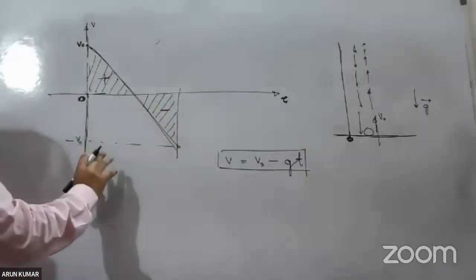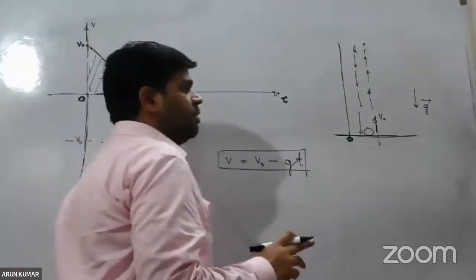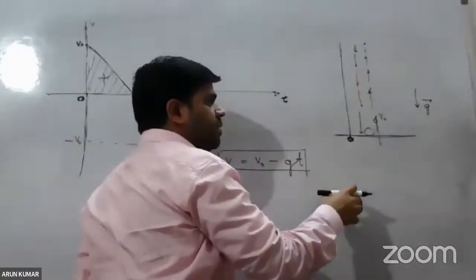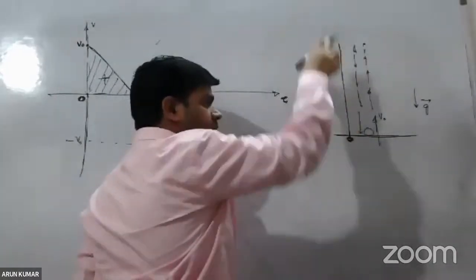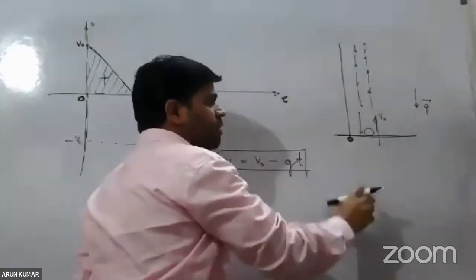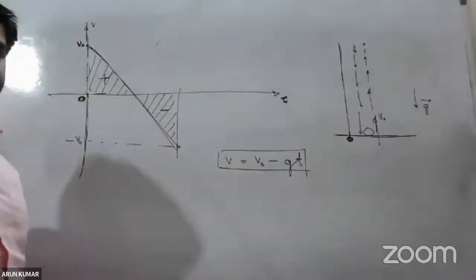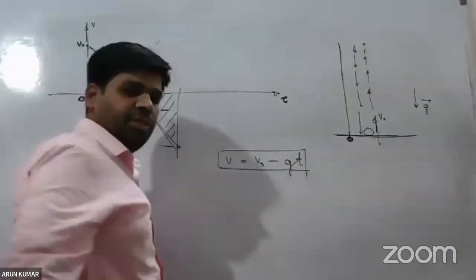I have drawn the graph only for one to-and-fro motion. It went up and came down. But when it bounces, it again goes up and comes down. Bounce, go up, come down. This happens forever, and that is periodic motion.